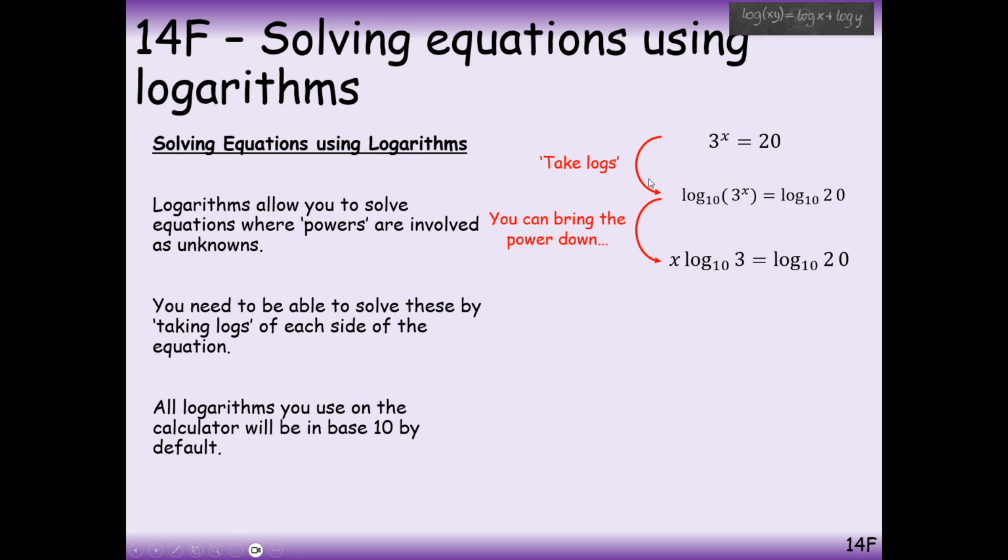Let's bring the x to the front because x is in the exponent, and then divide both sides by log base 10 of 3. You wouldn't have to type 10 on your calculator, because when you press the log button, this will come up.